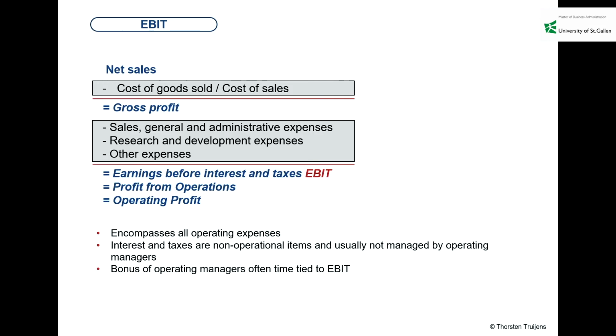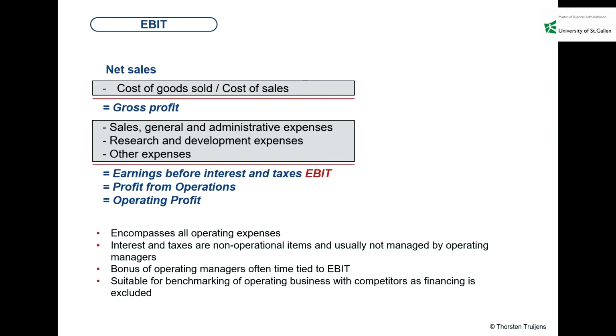So for that reason, as this EBIT figure should be the figure the operating manager can actually impact, many companies actually use this figure for bonus payments. So I agree with you at the start of the year, this is the EBIT you should actually give us. And if you actually manage to provide this EBIT, you will actually get a bonus.